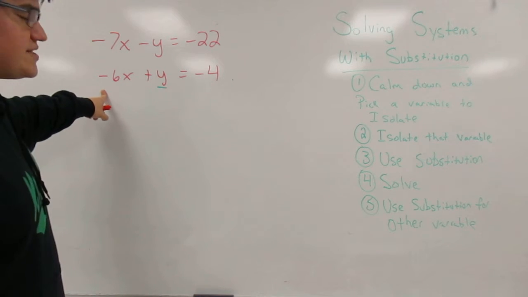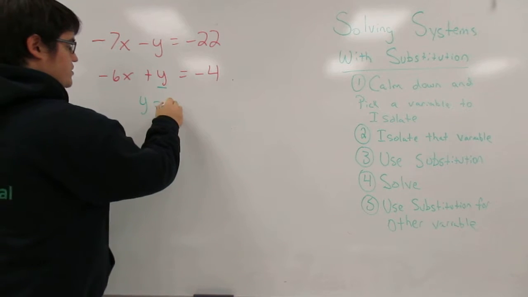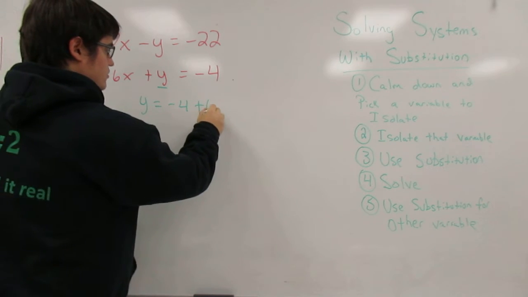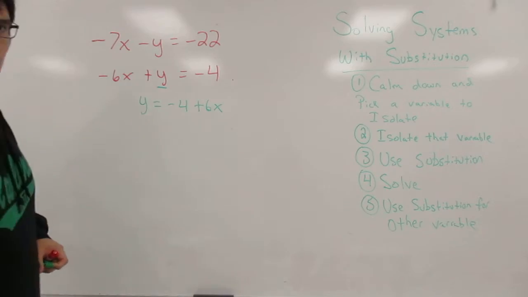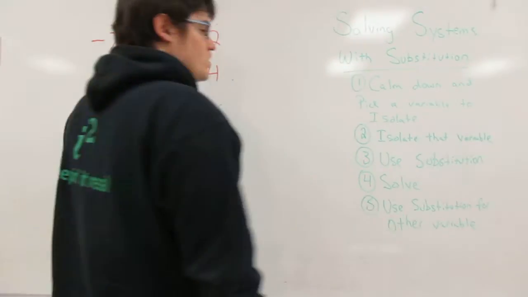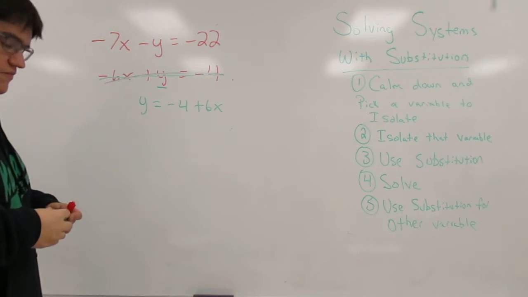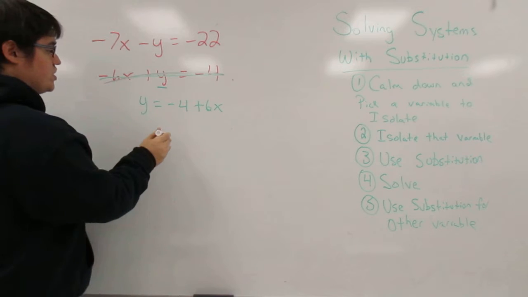So I've got to get rid of the -6x, so I'm going to add 6x to each side. So I'm going to have y equals -4 plus 6x. Remember, they're not like terms, so we can't combine them. So now I can get rid of this, already used it. Now use the whole idea of substitution.